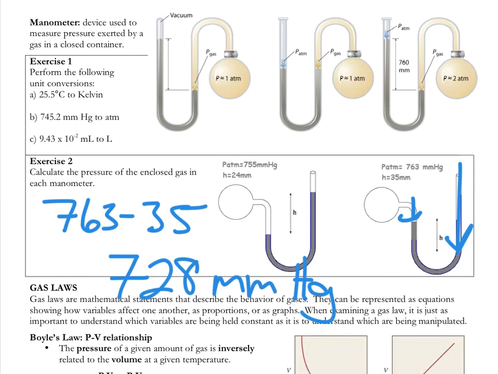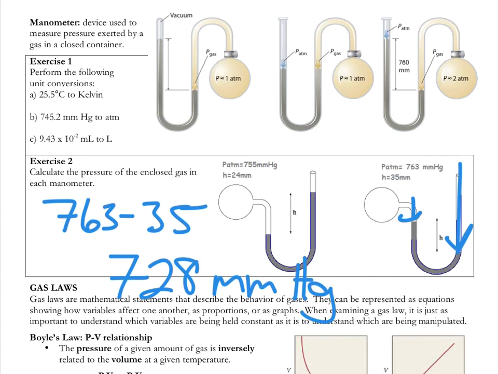It could say it's connected to a manometer, which is open to the atmosphere. The mercury level inside is this much more or less than outside. So instead of giving you directly the pressure of your gas, it's asking to make sure that you understand the concept of pressure and understand atmospheric pressure. So don't be surprised to see that on multiple choice or free response.